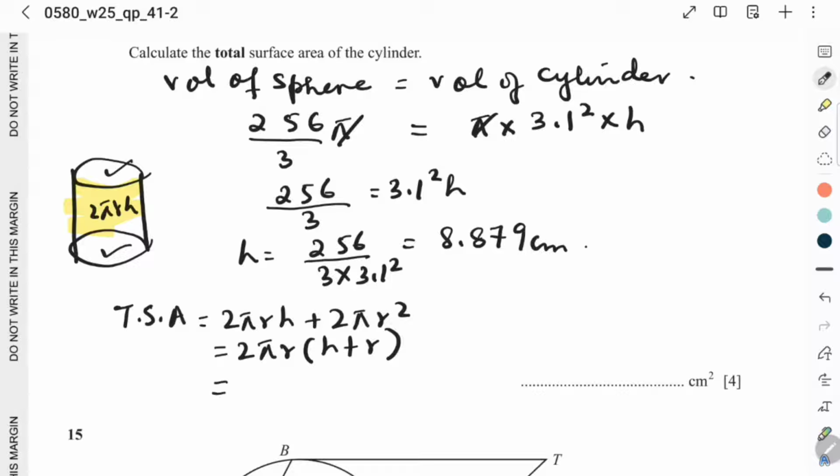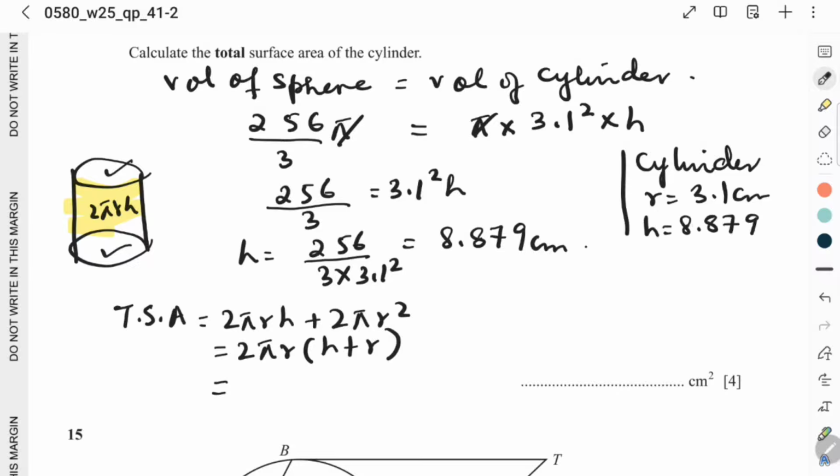So our cylinder radius is 3.1 centimeters, and the height I'm taking is 8.879 centimeters. So that is 2 pi into 3.1 into h plus r, which is 8.879 plus 3.1.